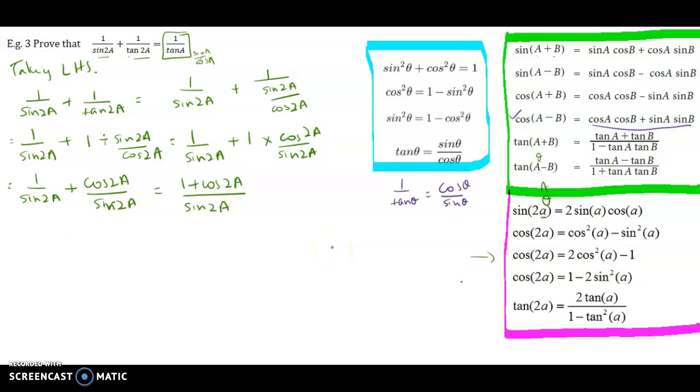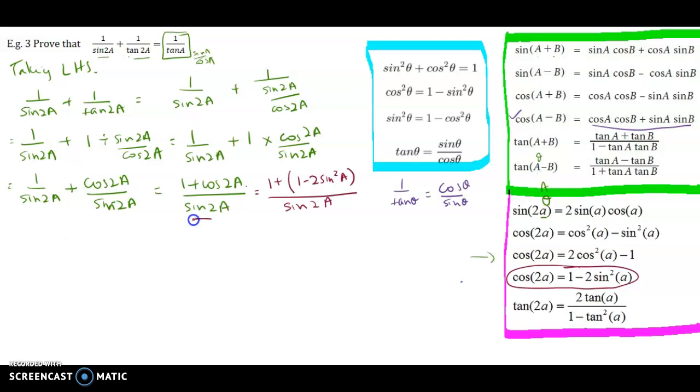Seeing that I will have a sine 2a at the bottom, I should use a cos 2a substitution that has only sine in it. So that would be probably this one. So I will write 1 plus, instead of cos 2a, 1 minus 2 sine squared a, all over sine 2a.